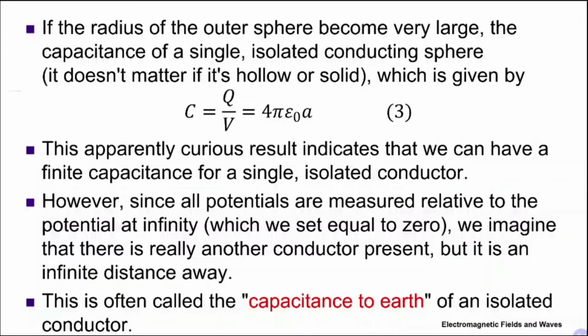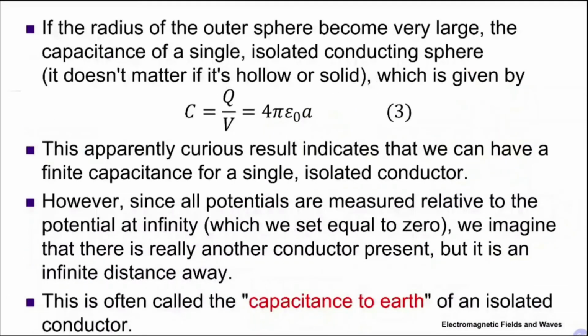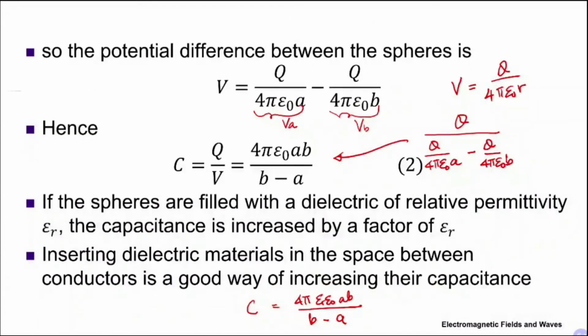Okay, if the radius of the outer sphere becomes very large, the capacitance of a single isolated conductor sphere will be given by 4 pi epsilon naught A. Okay, if I go back to these equations, if B becomes very large, then this equation reduces to 4 pi epsilon naught A, which is this equation here.